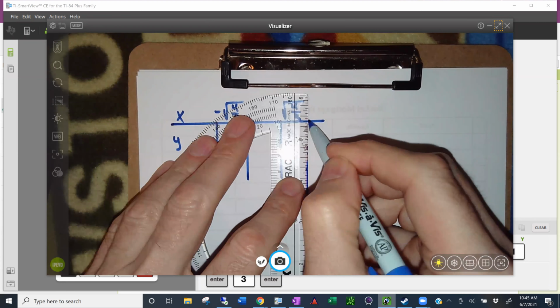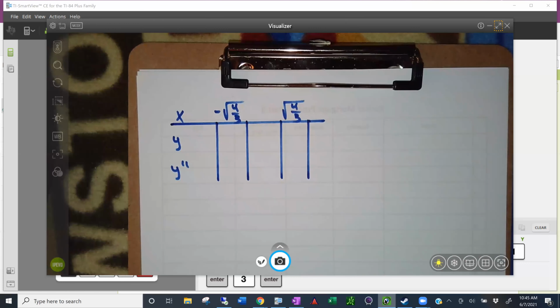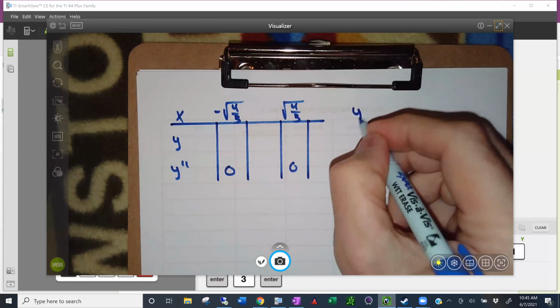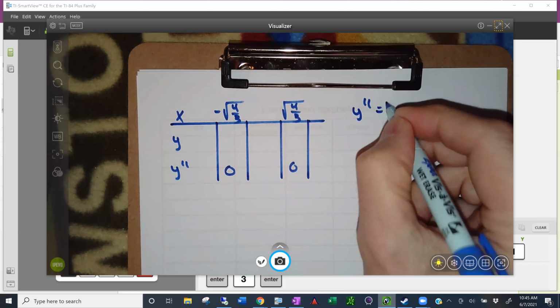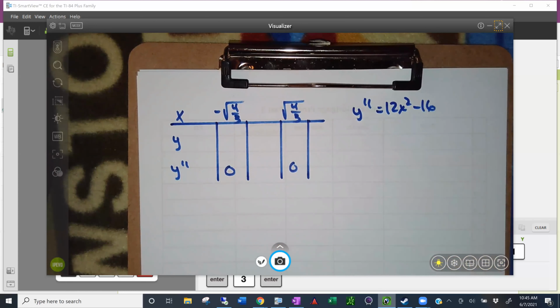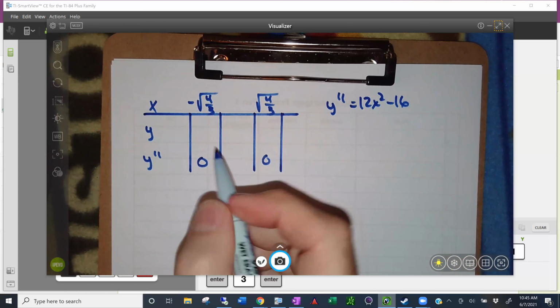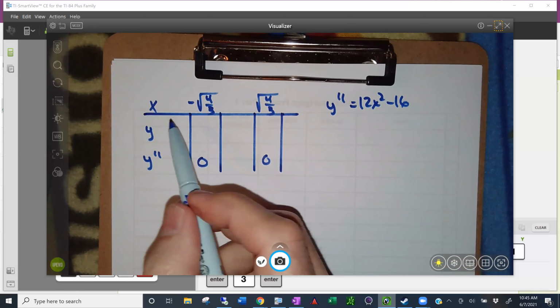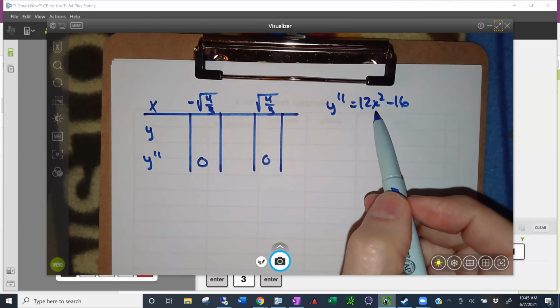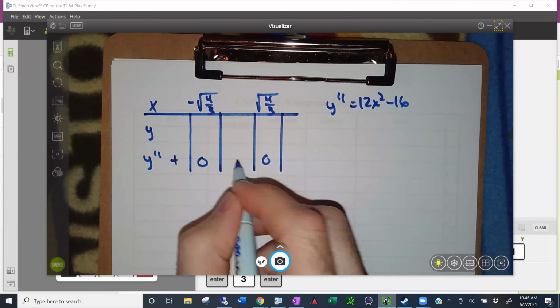It helps me out. I like the way it organizes information too. 0, 0. Now this is y double prime equals 12x squared minus 16. I think I can do this one without necessarily putting it in my calculator. So a number like -5 squared is 25 times 12 is 300 minus 16. I think that's positive, negative, positive.